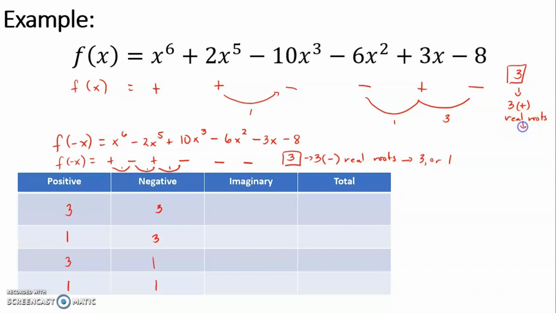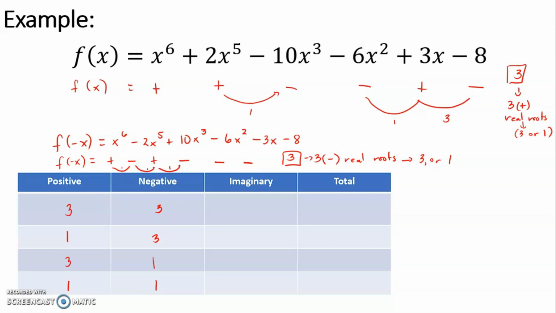And since I have 3 here, I can also have 3 or 1 positive real roots. So, if I have 2 possible numbers here and 2 possible numbers here, what are the possible number of combinations that I could have? Of course, I can have 4 possible combinations. That's 3 positive, 3 negative; 1 positive, 3 negative; 3 positive, 1 negative; and 1 positive, 1 negative.